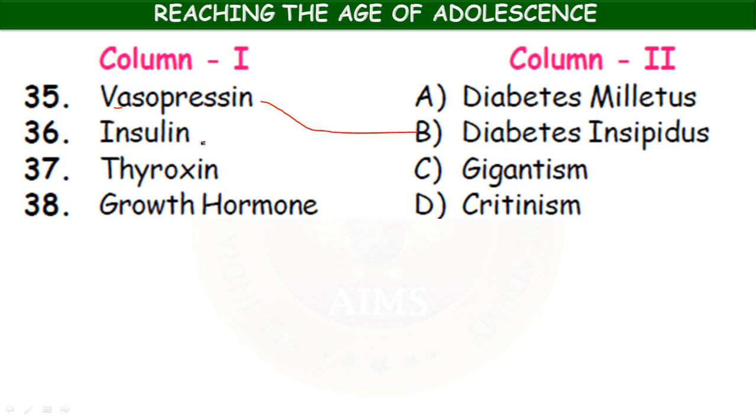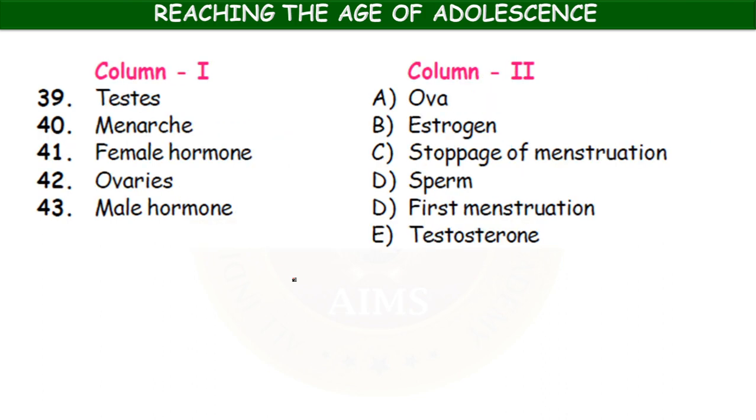Insulin hyposecretion leads to diabetes mellitus. Thyroxin hyposecretion in children leads to cretinism. Oversecretion of growth hormone in adults leads to gigantism, over height. So the answer is 35B, 36A, 37D, 38C.